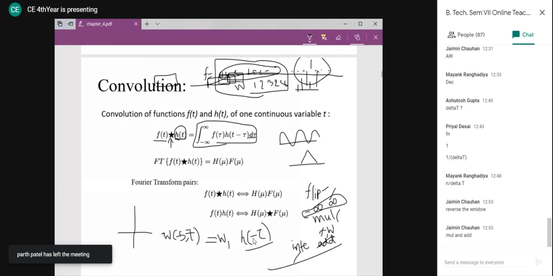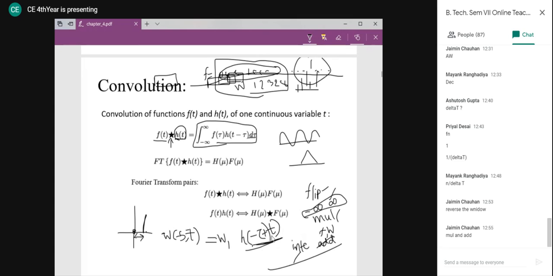Then I have to shift. You know that if my function is located here, and if I want to shift it somewhere, then I am adding or subtracting some constant. So if I am writing plus t here, can I say it is going to shift it? If some value is added here, it will indicate the shifting.